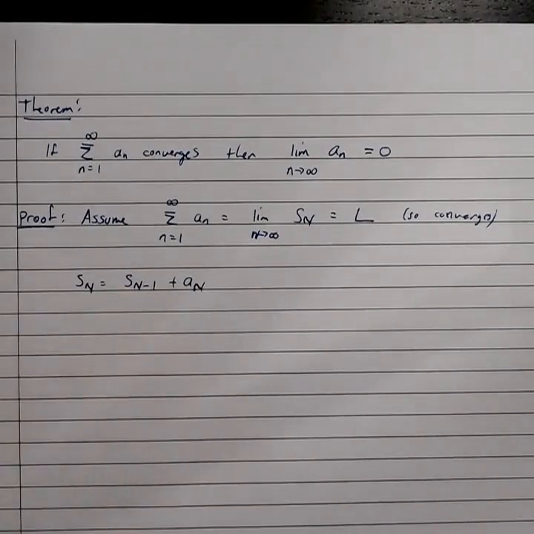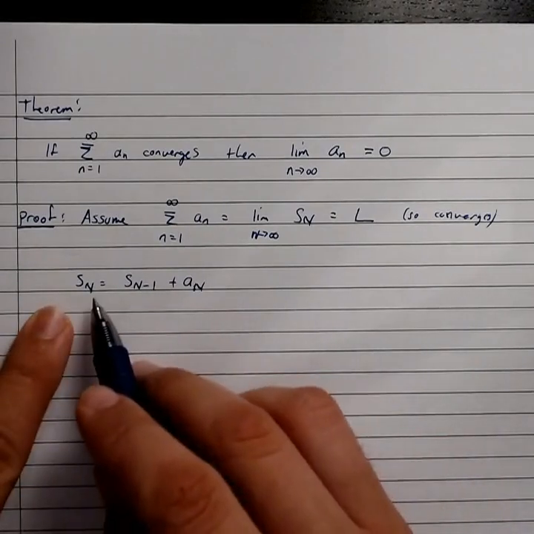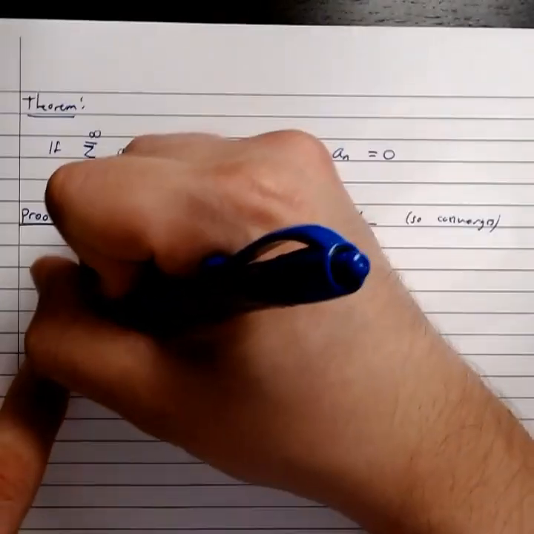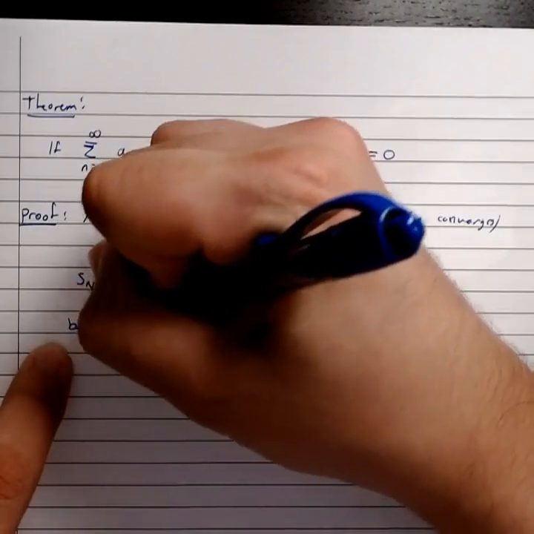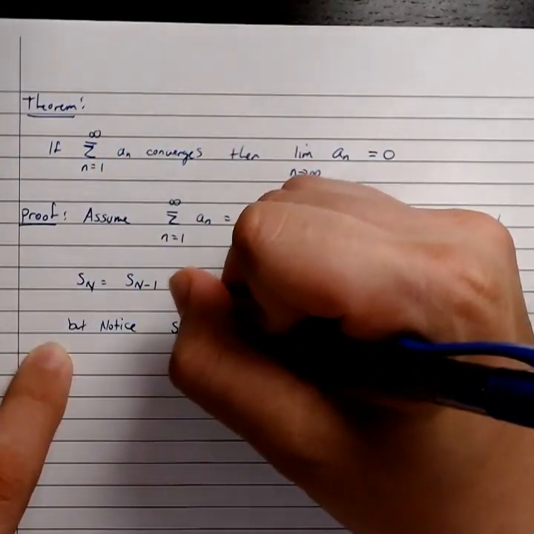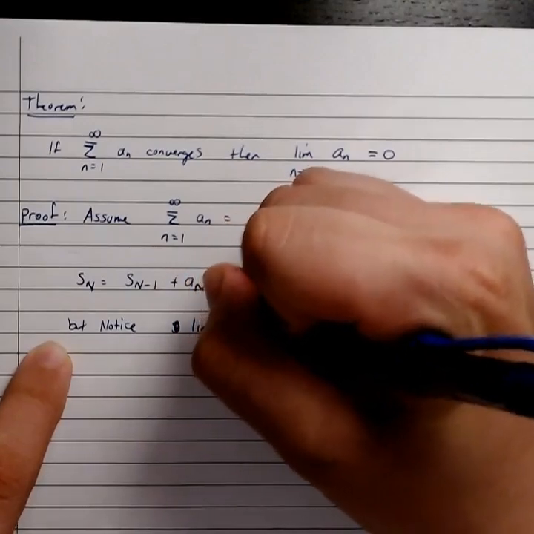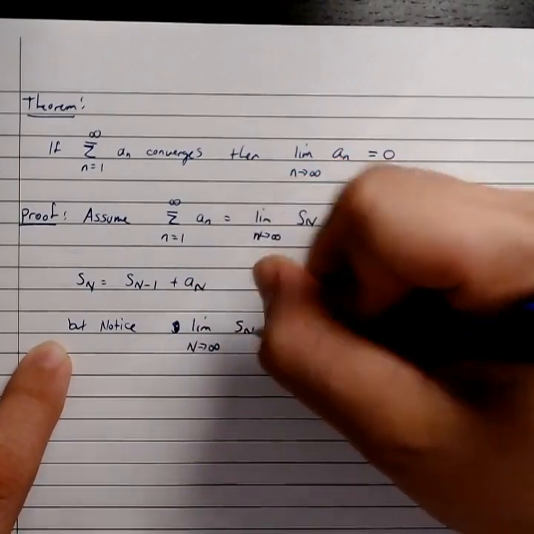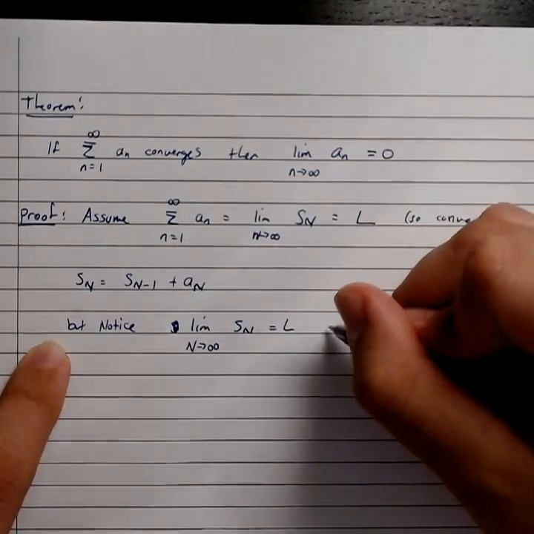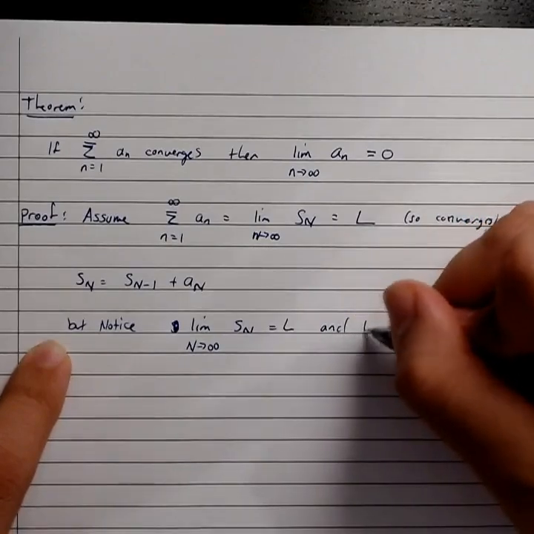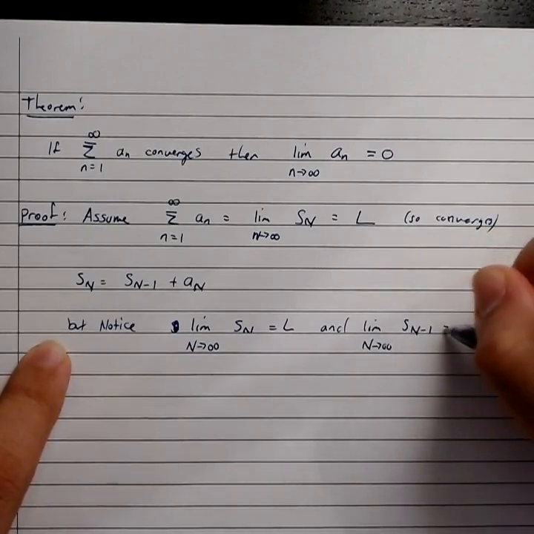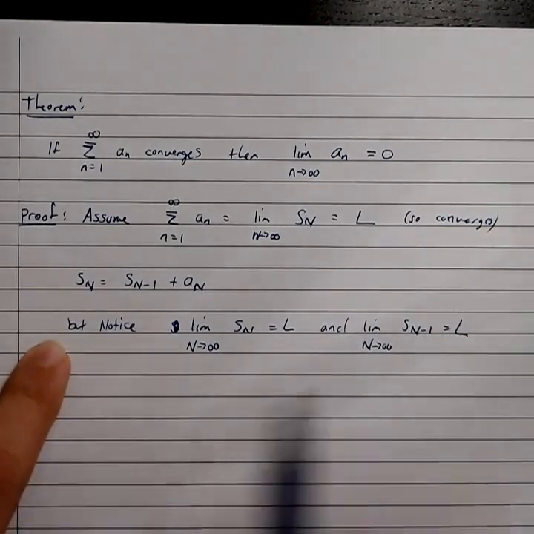Okay, so now notice that the limits of both of these have to be L. Let's write it as a limit. The limit as n approaches infinity of S sub n is equal to L, and the limit as n approaches infinity of S sub n minus 1 is also equal to L. You say, how can they both be L?